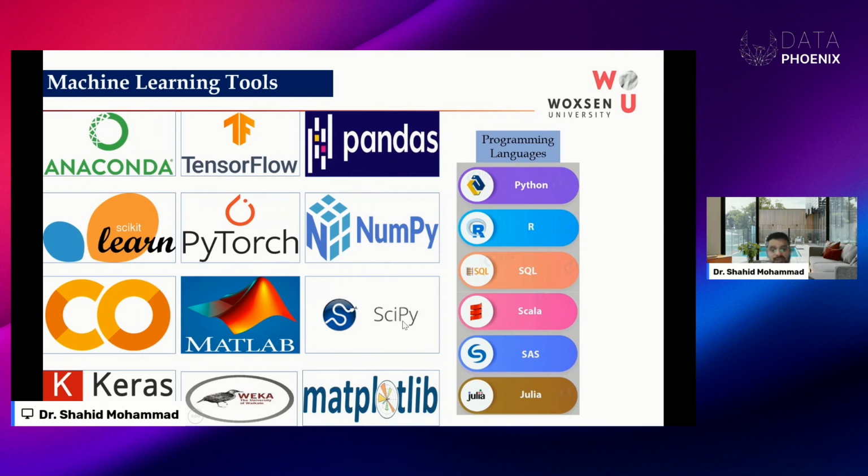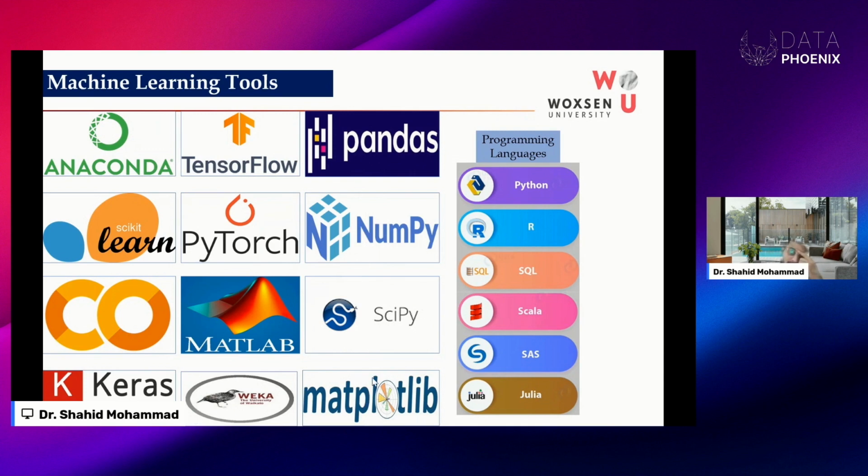Then we have SciPy, which is scientific Python. If we try to explore linear algebra or statistics in depth, we can use this package with the help of Anaconda itself, and we can do scientific calculations as well. Followed by that, there is a very big package, the matplotlib package, which is used for data visualization.